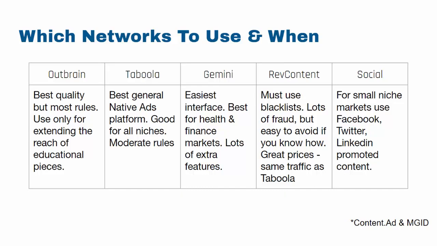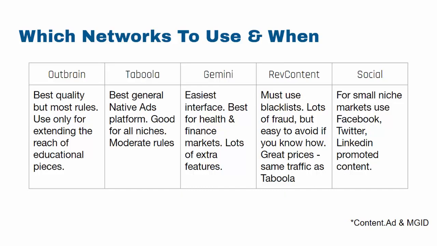I really only like to use Outbrain when I'm trying to extend the reach of a true blog post. To me, Outbrain is more of a content amplification network than it is a native advertising network. And that gets into jargon differences, and we don't need to get that deep into it right now.